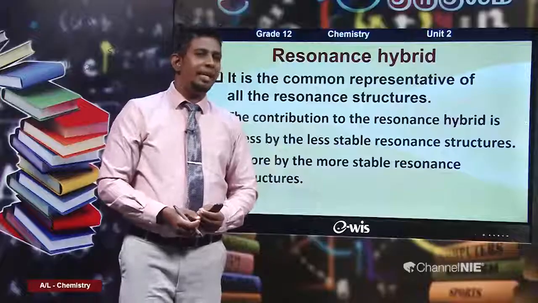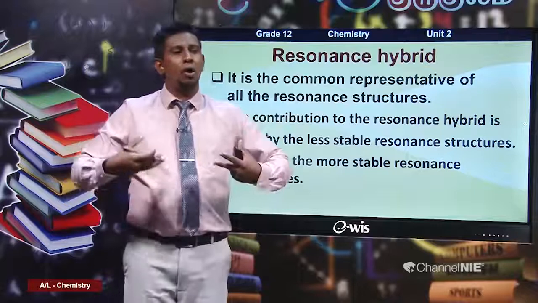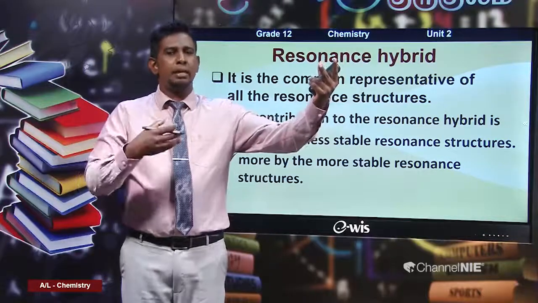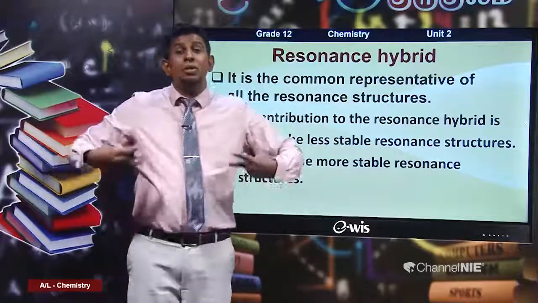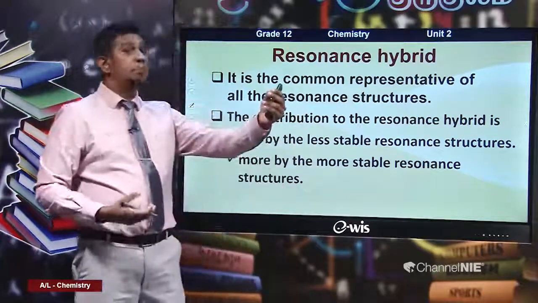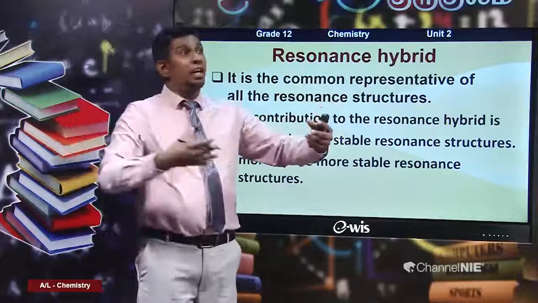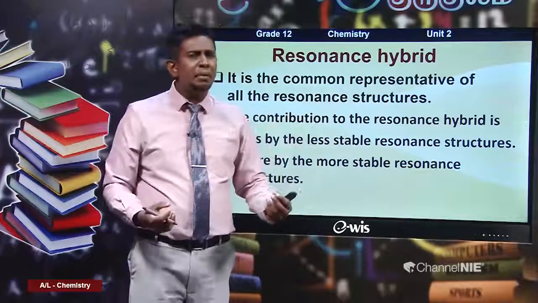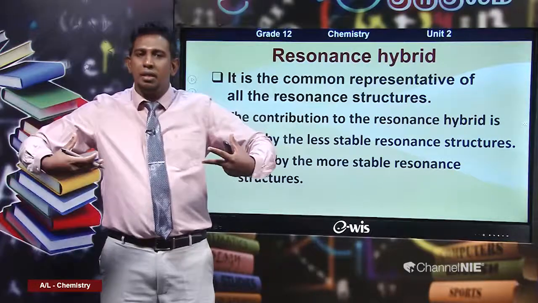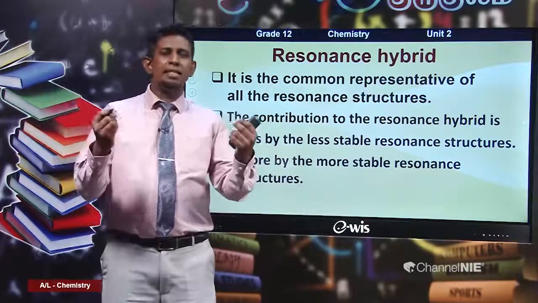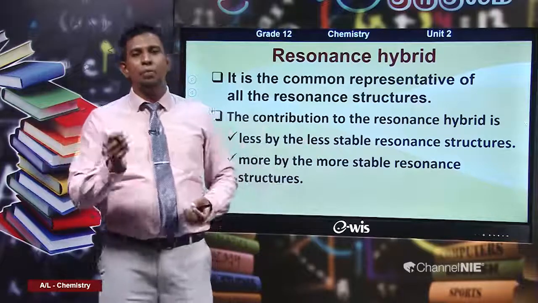In that, we give the priority to the more stable ones, in decreasing order of stability. Their contribution towards the representative molecule, what we call the resonance hybrid, is more if the resonance structure is more stable. If it is less stable, their contribution would be less.